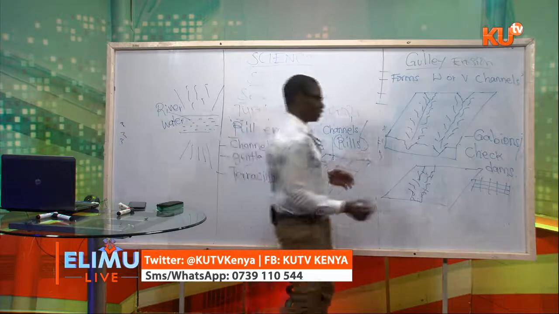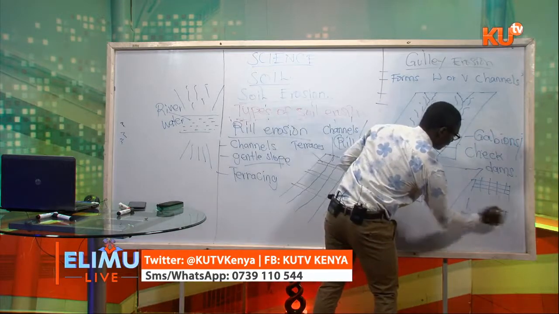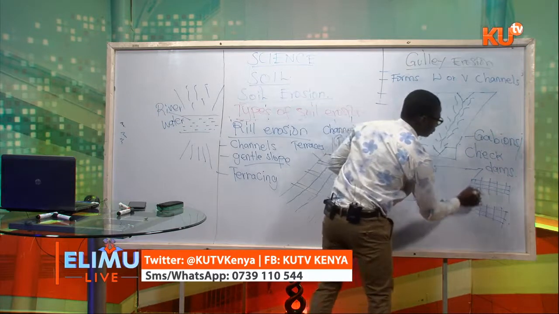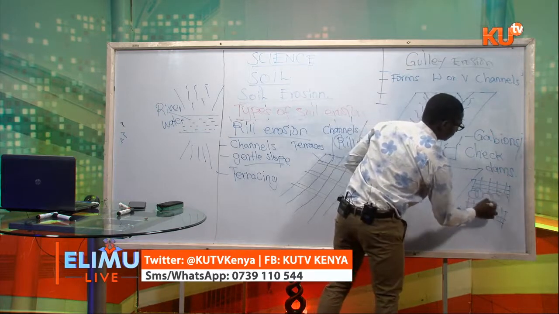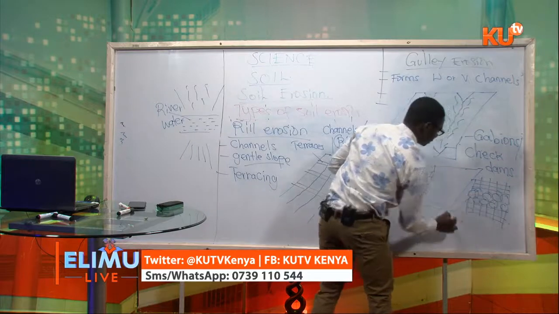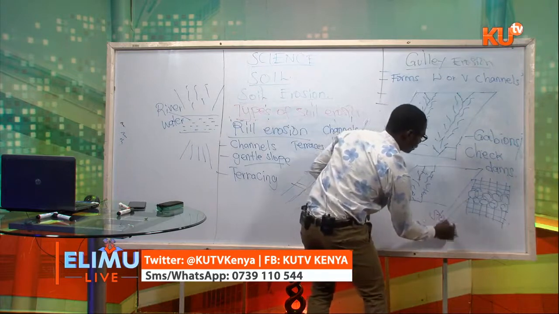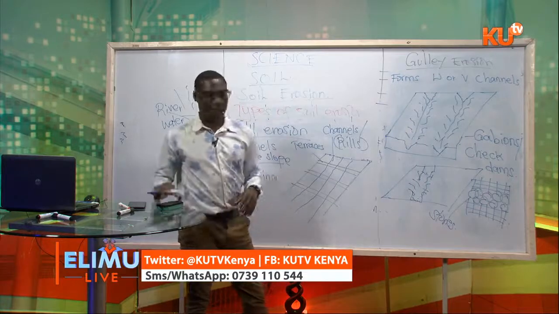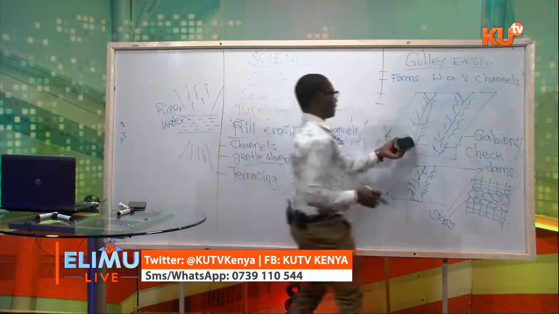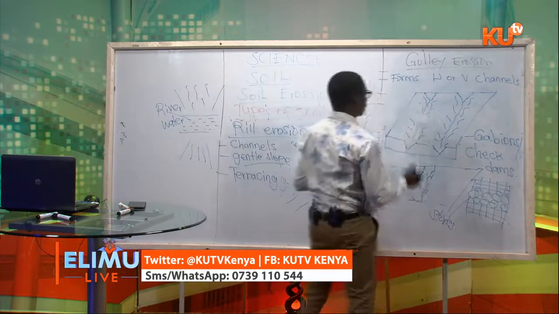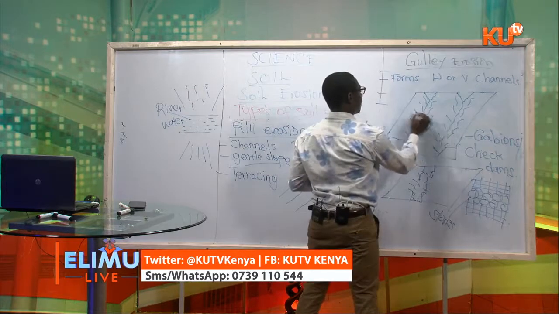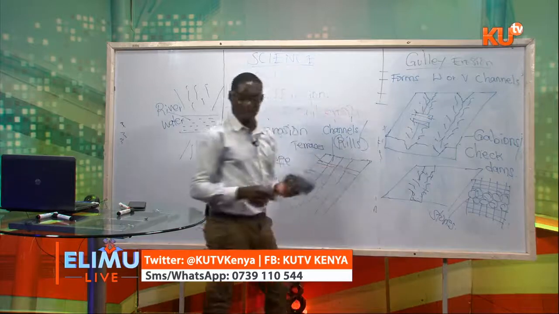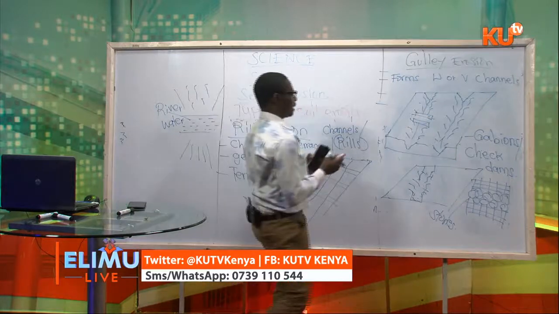So you put wire mesh on one side, on the first part, and then you put another wire mesh on the second part, and then you put stones. So that is how we control gully erosion. So if it is this V-shape, for example, you come here, put a wire mesh, come here, put a wire mesh.